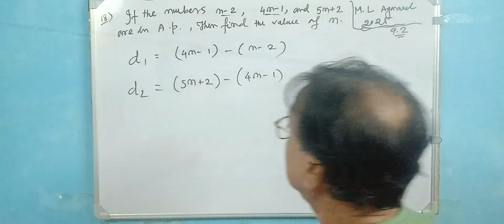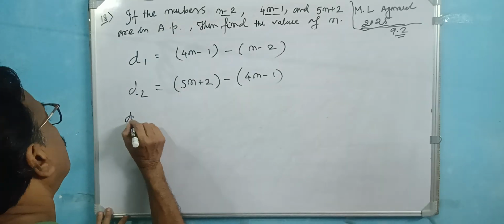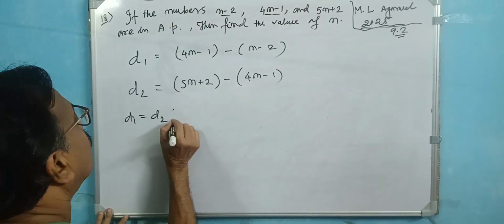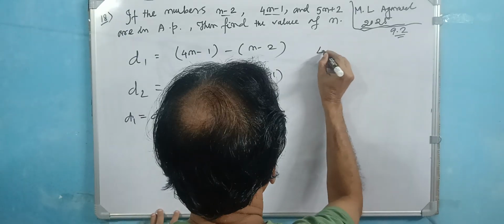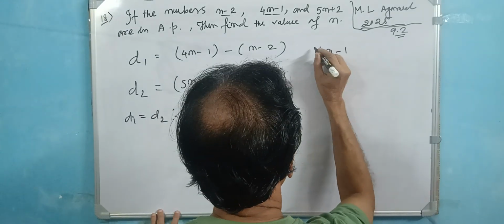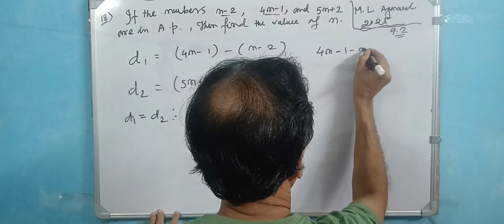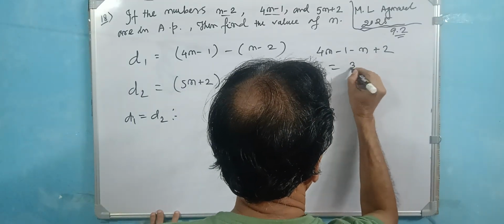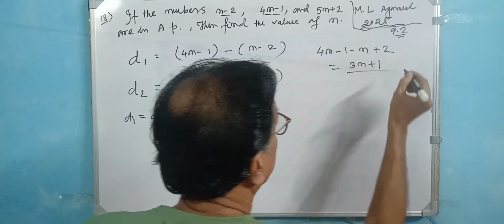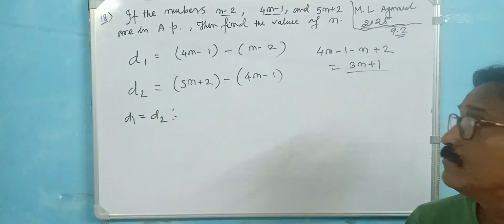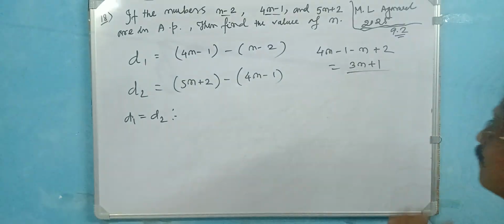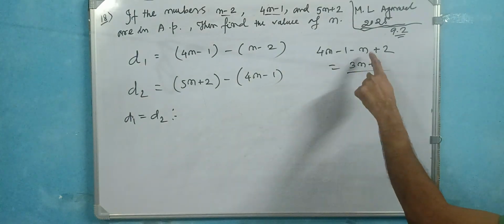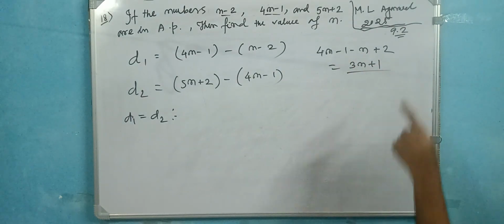Just solve it first here. So D1 is equal to D2. Now what is this? This is 4n minus 1 minus n minus 2, that is 3n plus 1. This is the common difference from here. This is 4n minus n, 3n, and this is plus 1.